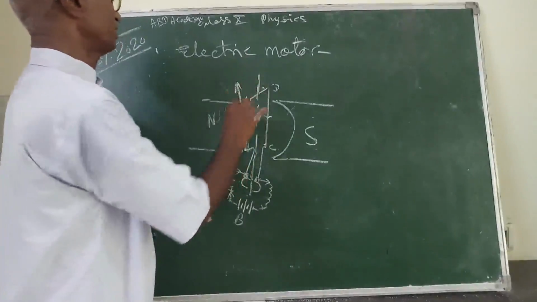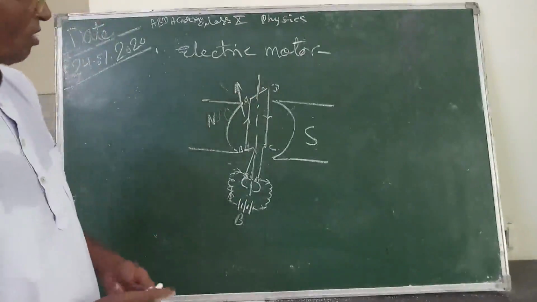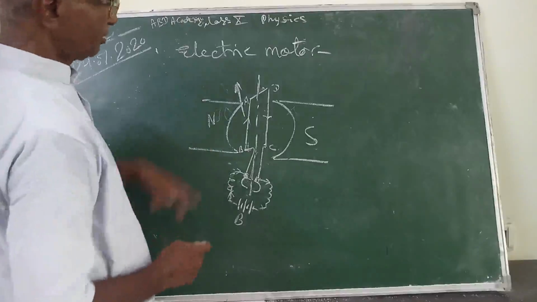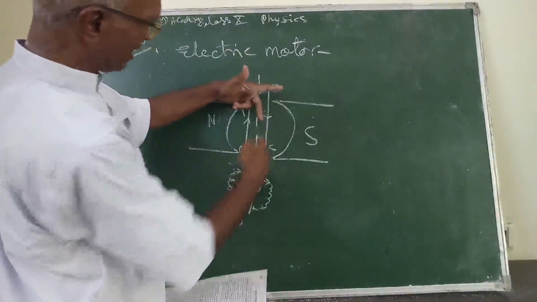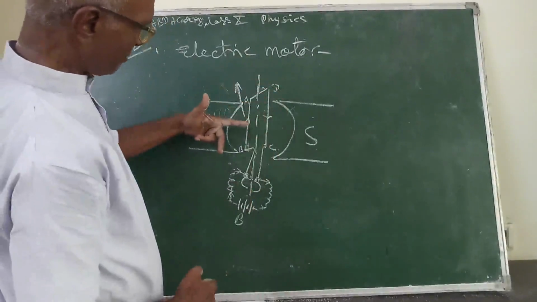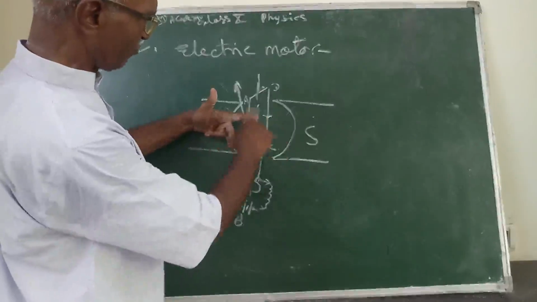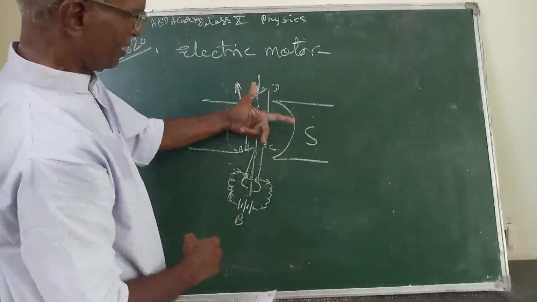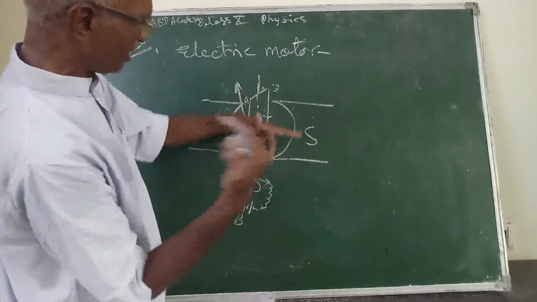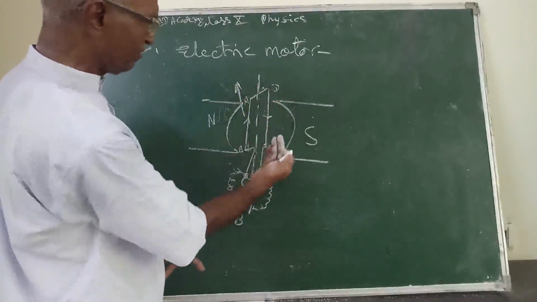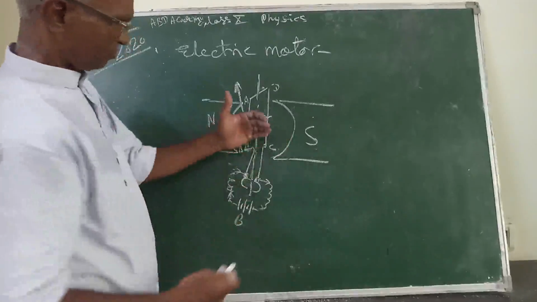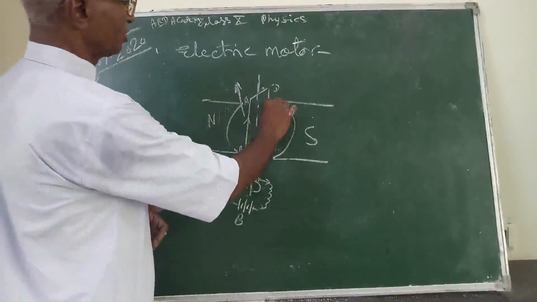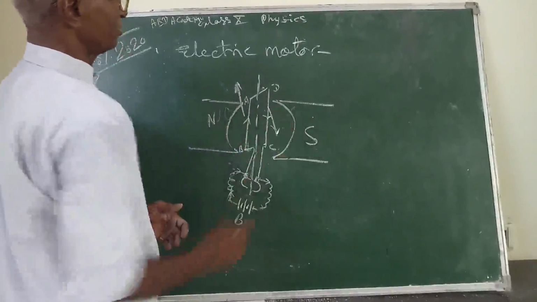And the direction of current is from D to C in the other side of the coil, and the magnetic field acts in the same way as in the first. Then the thumb shows that CD will come up, perpendicular to the blackboard, in this direction.